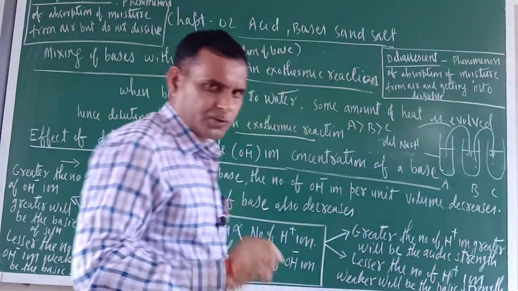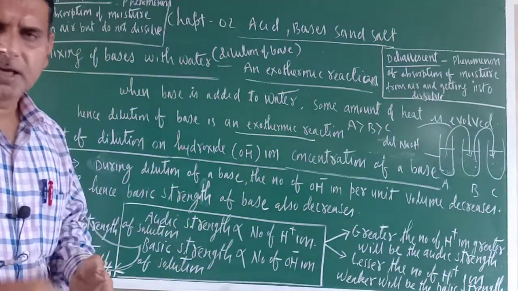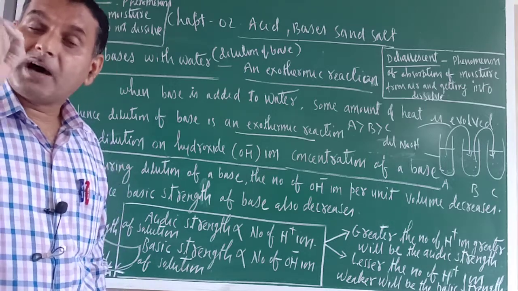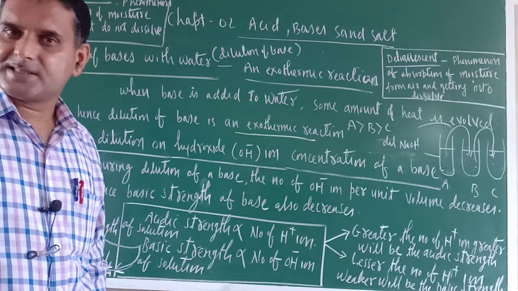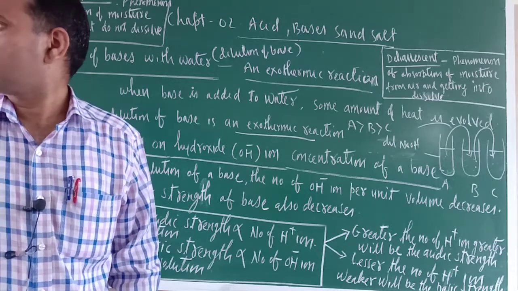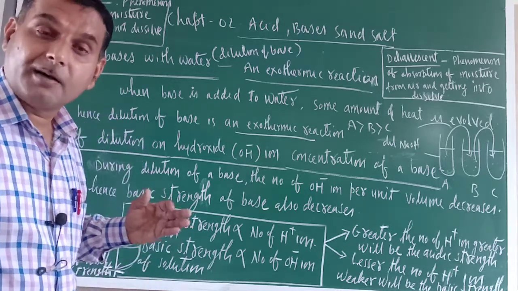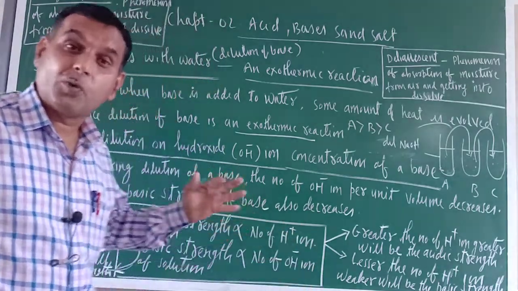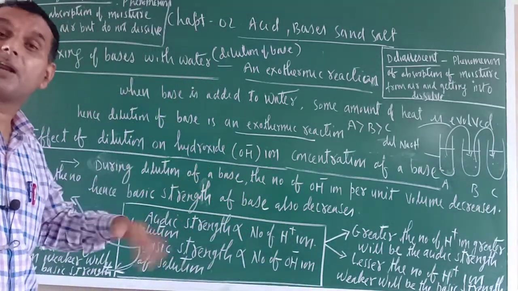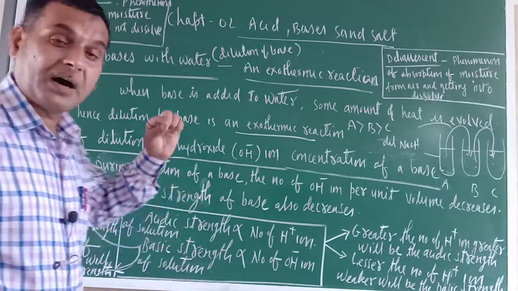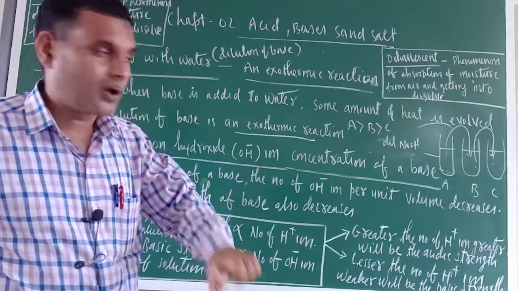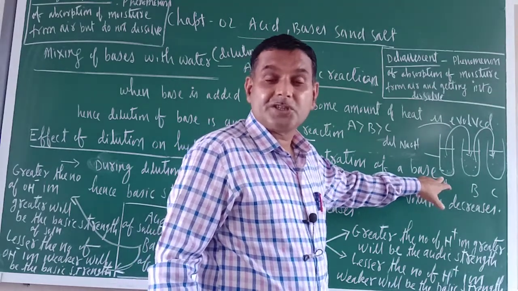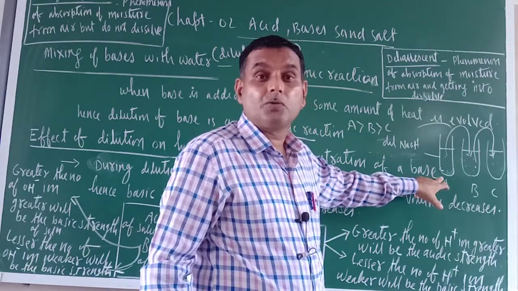Why? That is the question. As you keep on diluting, the number of OH negative ion per unit volume of base decreases. I am talking of per unit volume. In test tube A, the number of OH negative ion per unit volume is more.